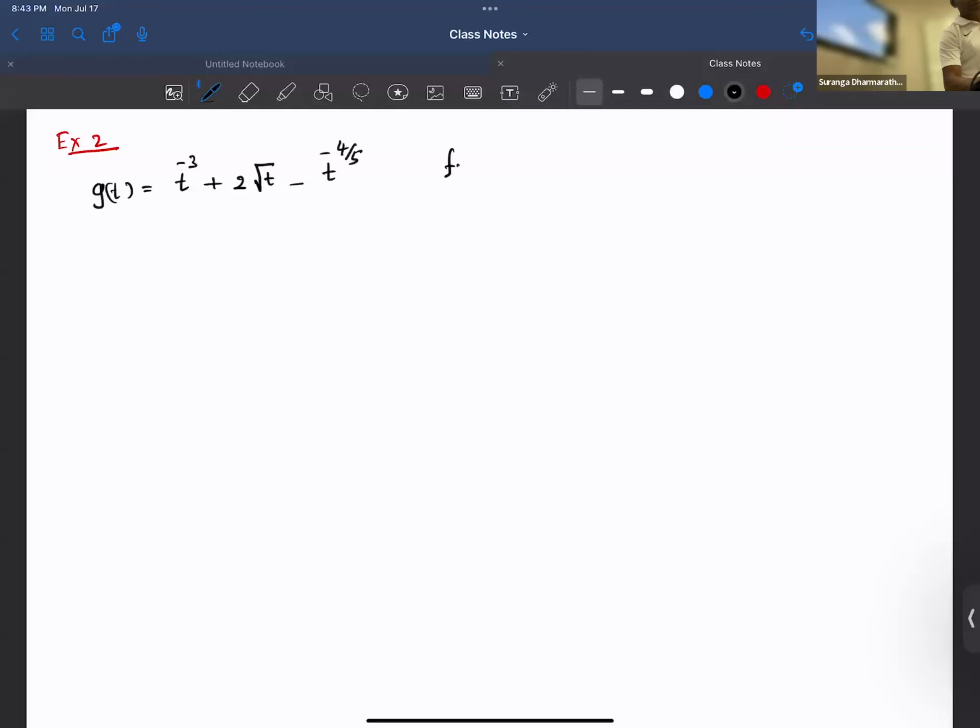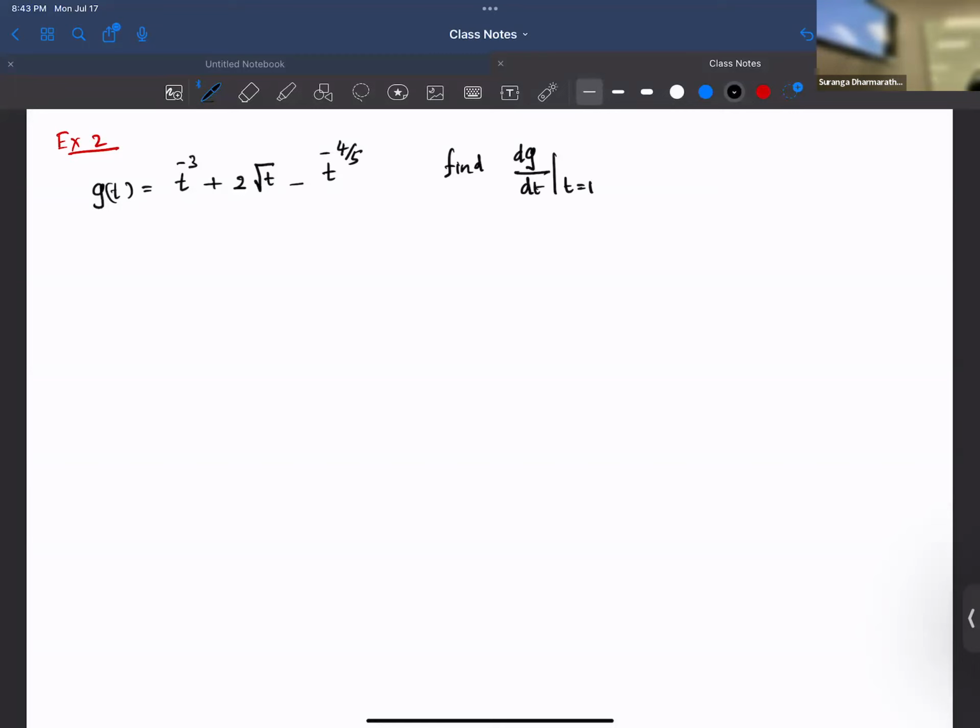Find dg over dt at t equals 1. So we want to find d over dt of g at t equals 1. Basically, the derivative at t equals 1.